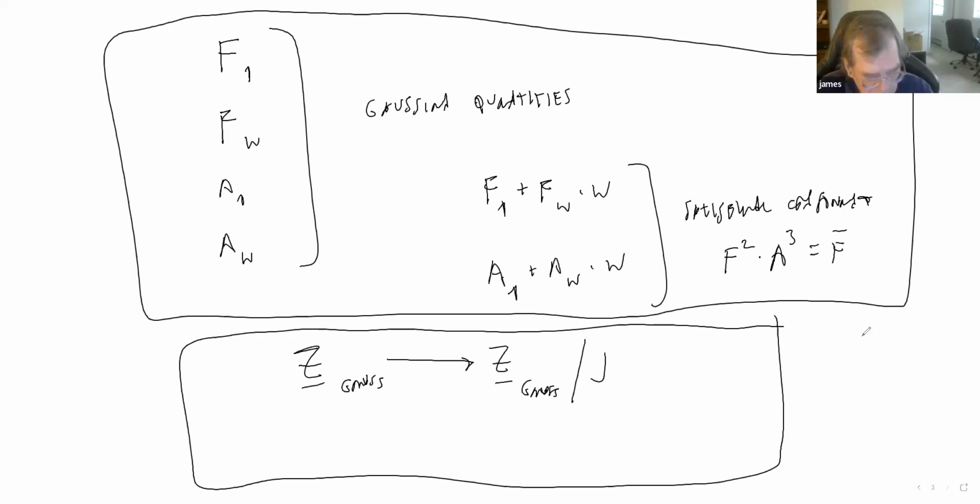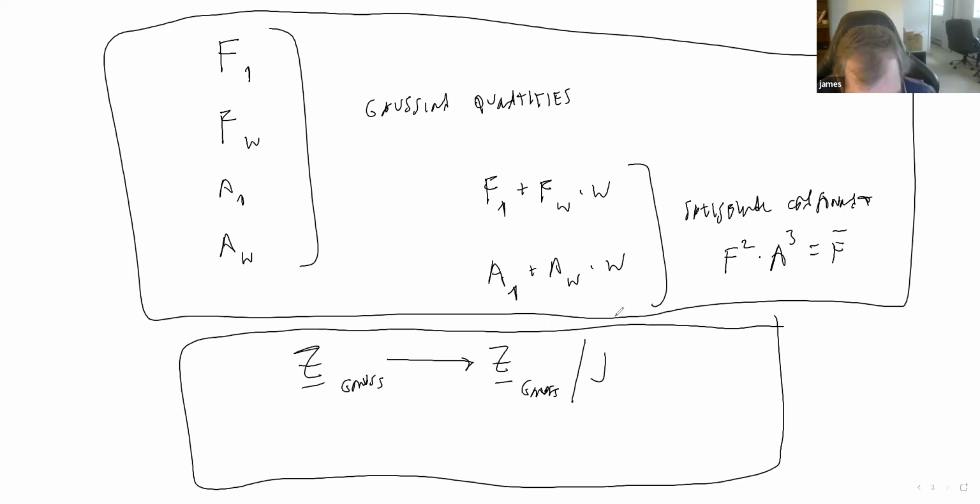So what am I trying to say? That we can talk about J. I can think of J as just being a Gaussian integer now, that just generates a Gaussian ideal.